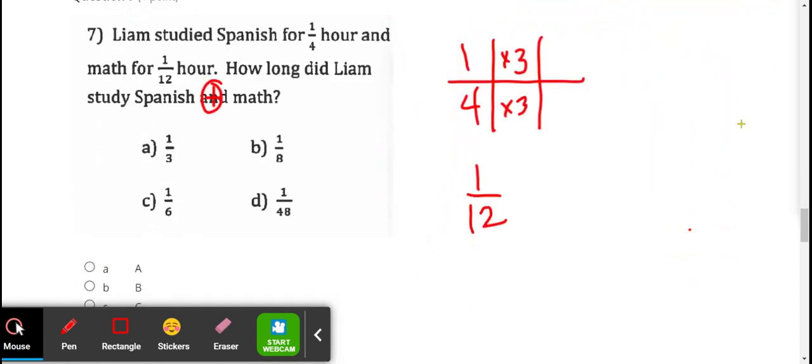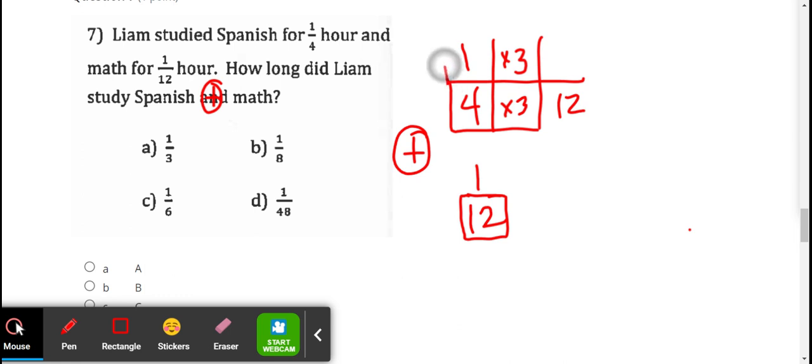Okay, looking at number 7, Liam studied Spanish and math. How much did he study altogether? So we're going to add these fractions. So it looks like twelfths can be a common denominator. We're going to multiply 4 times 3 to get 12, and then 1 times 3. So now we can add them together.